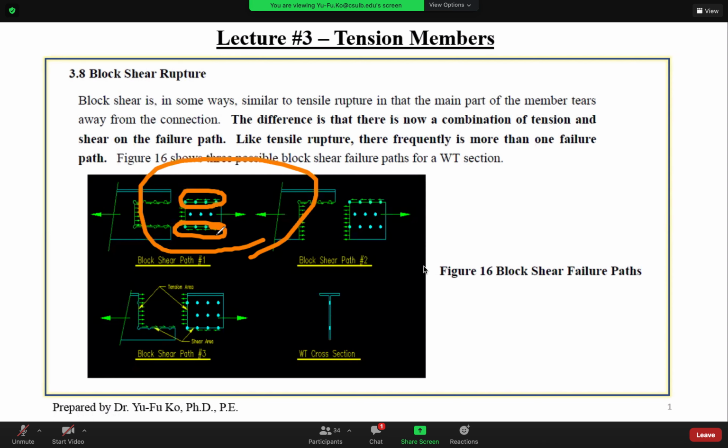Okay, so this is shear stress. On the other hand, on the line perpendicular to the loading, you will see the normal tensile stresses happening on this line. So block shear is actually the combination of shear stresses as well as tensile stresses.